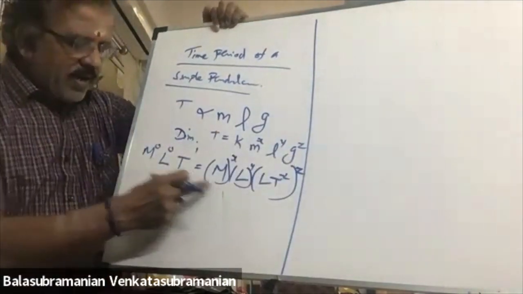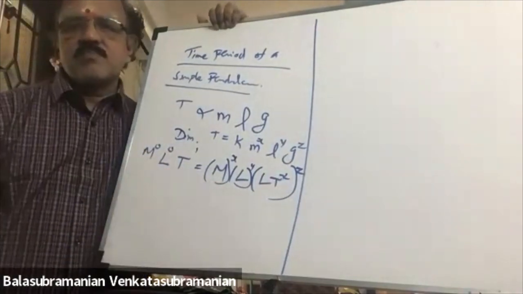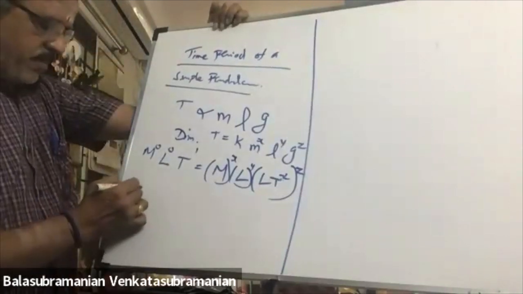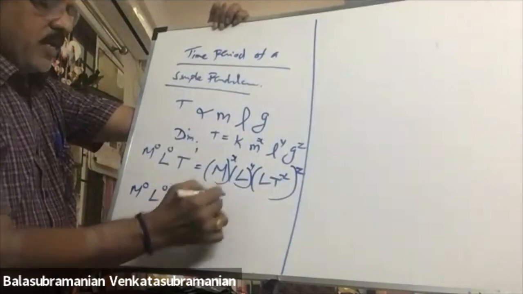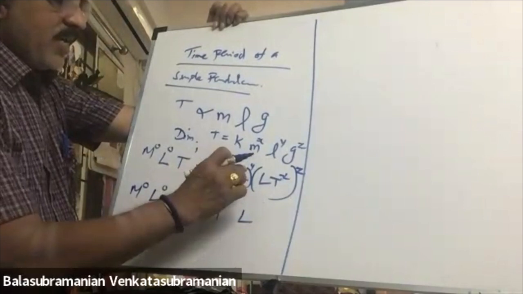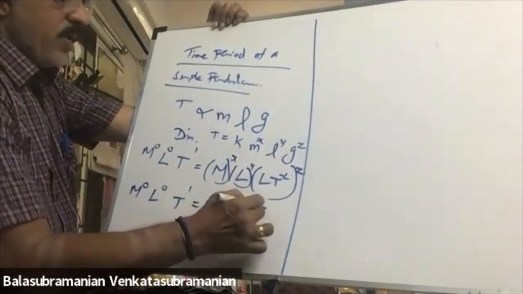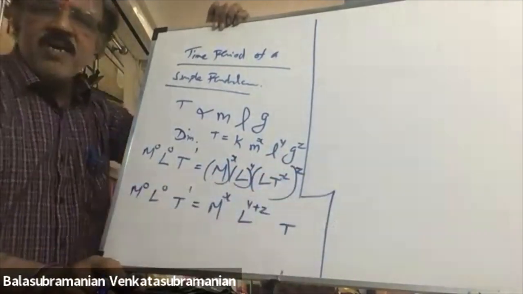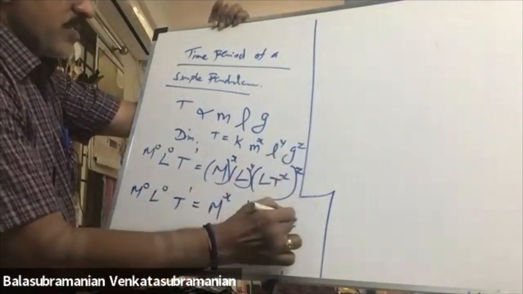Now compare the powers on the left and on the right. How will you compare? M power 0, L power 0, T power 1. Here M power X, L power, here power Y is there, here power Z is there. So I can write Y plus Z. T power, what you have? Minus 2Z.